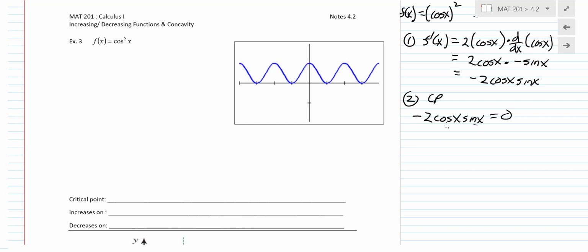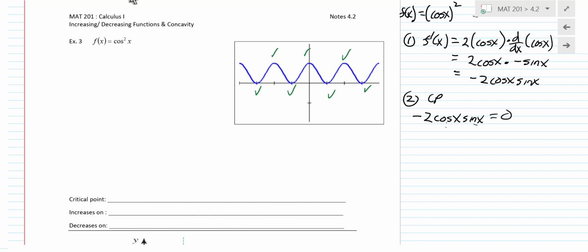So you could set each factor equal to 0. But you're going to end up with an infinite number of critical points, right? And the critical points, if you look at your graph, are all those places where the tangent line is 0. Agreed? So we're going to have an infinite number of those.